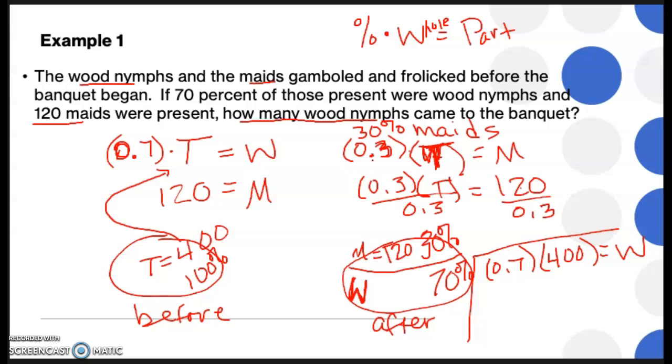So if 400 is my total, then I can multiply that times 0.7, 400 times 0.7, and I get 280 wood nymphs. And there you have it. It's a two-step process. If I lay out what I have in these bubbles, then I can see what I'm trying to get to, the W. But if I get other missing parts, like the T, it can help me get to this W.